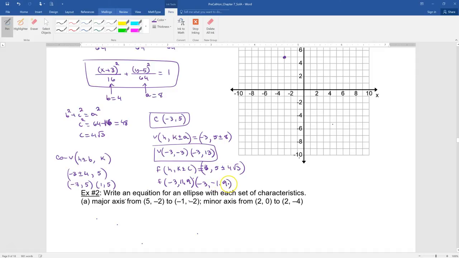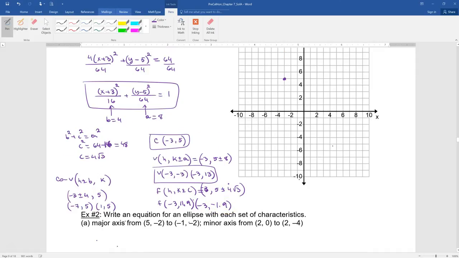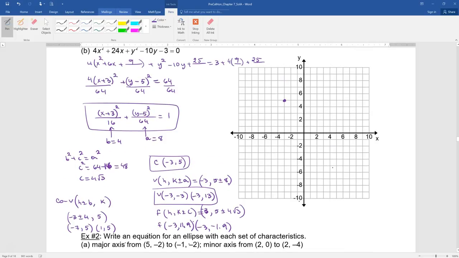Okay. So it looks like I need to recalibrate these. So I'll make this 20 and 16 and 12 and 8 and 4. So I'm at negative 3 comma 5. That's the center.